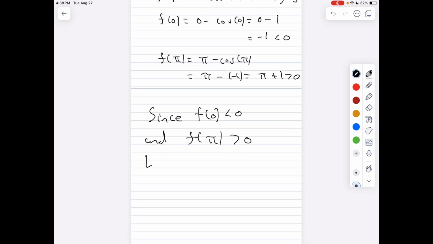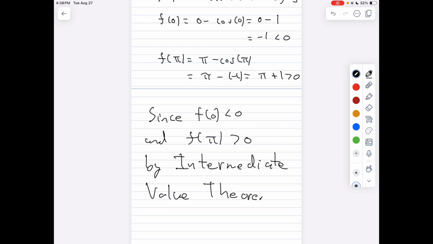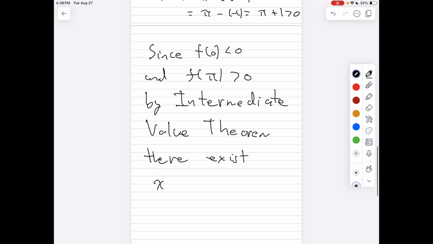So by the intermediate value theorem, there exists x in specifically open interval 0 pi, because at 0 it's less than 0 and at pi it's greater than 0, such that f of x equals 0.